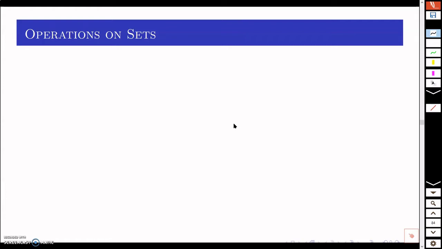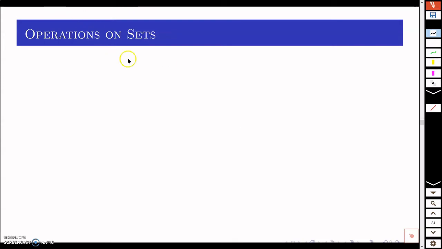In a similar way, we have operations on sets, and when I use these operations on sets, it creates more sets. Okay, so let's see what are the operations on sets.